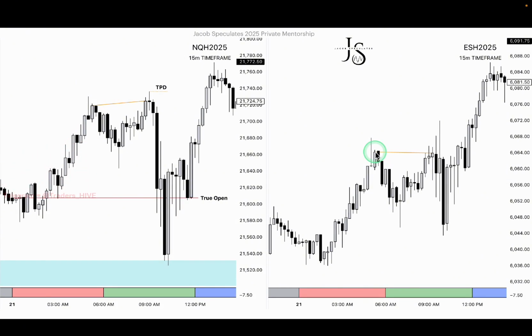So with hidden SMTs, you're still looking at normal SMT, but you're looking at it between the closes of the candles. So for example, right here, this is the highest close of Q2, and this is the highest close of Q3 before the drop. And note, we had a TPD after the SMT to confirm it.